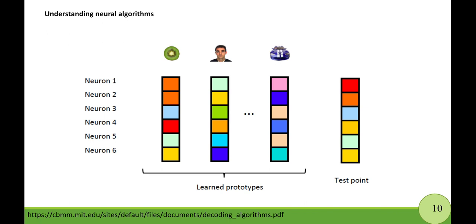So we give it to this, we can compare this with the learned prototypes, and we can say that it's pretty similar to the kiwi in terms of response compared to the others in terms of the similarity function. And then we can say it's a kiwi. And then we know what we showed to that human or monkey, what was the stimulus, and if it's predicted correctly and it was a kiwi, then we say that the algorithm, or this neural decoder, is working correctly and perfectly.